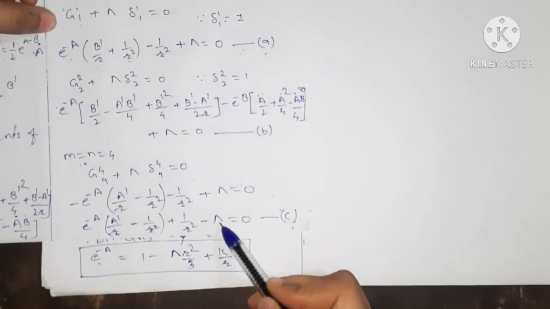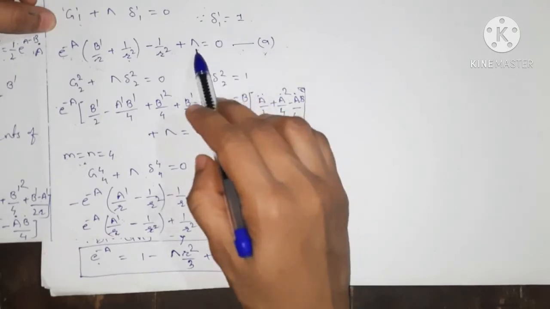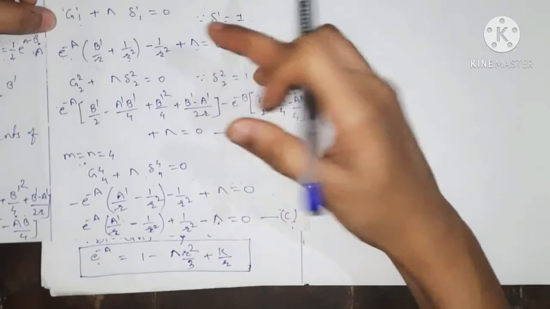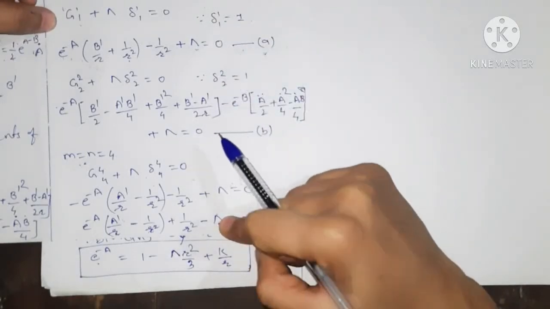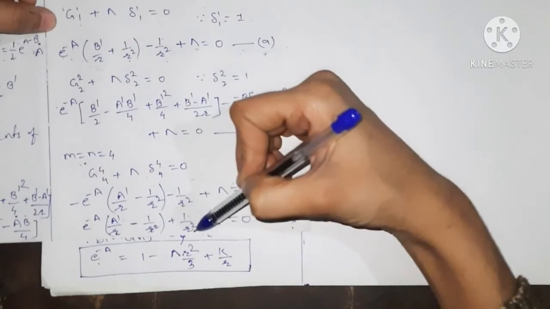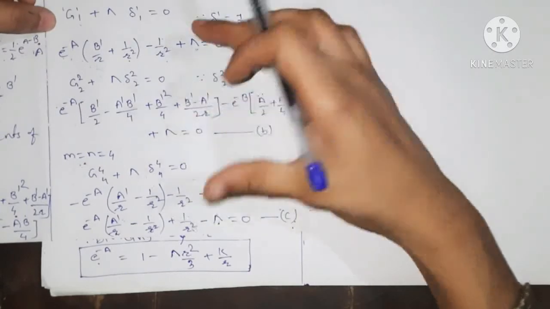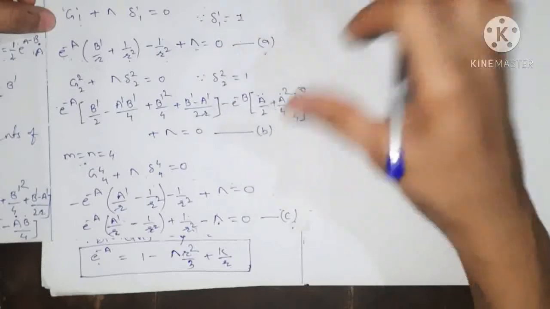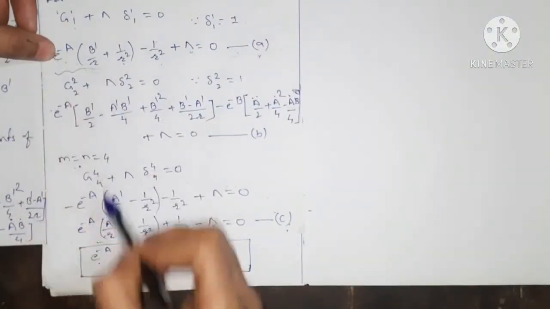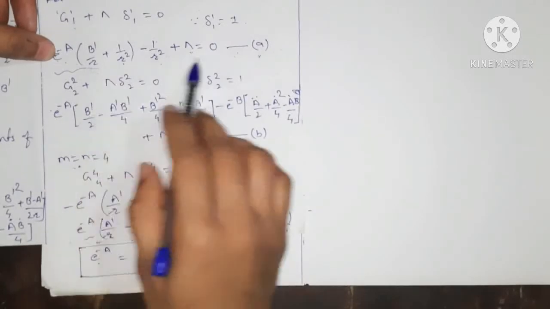Similarly, here it is minus capital lambda, here it is plus capital lambda, so they get cancelled. Similarly, the term minus 1 upon r square plus 1 upon r square gets cancelled. So after adding equations a and c, e to the power minus a is the common term and all these terms get cancelled.